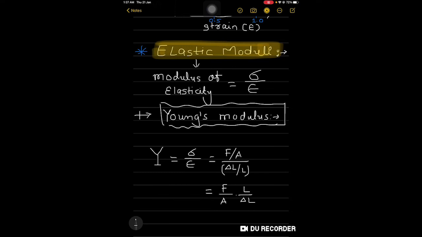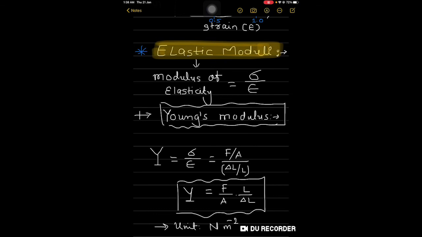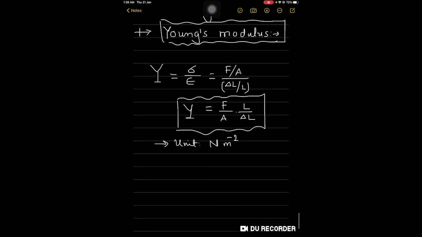Now the strain is a dimensionless quantity and therefore the unit of Young's modulus is also the same as that of stress, that is Newton meter raised to minus 2. So here it is very well clear from the equation.